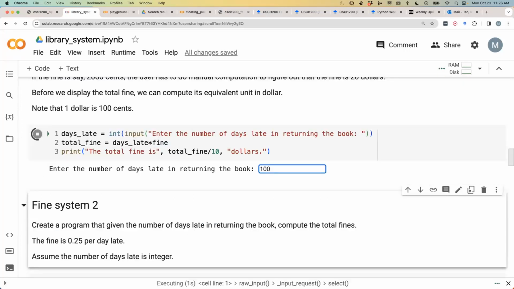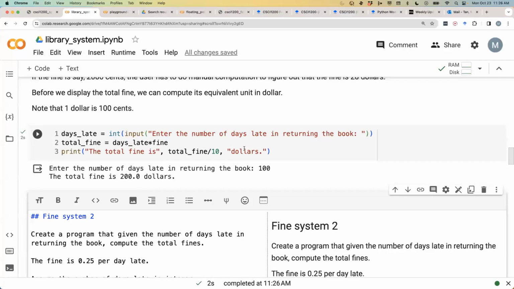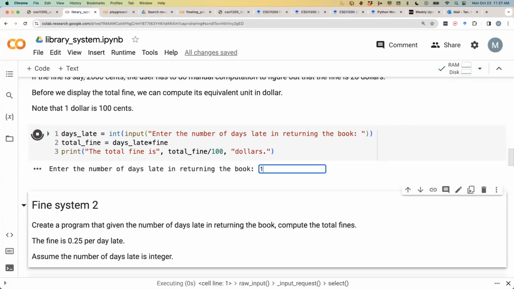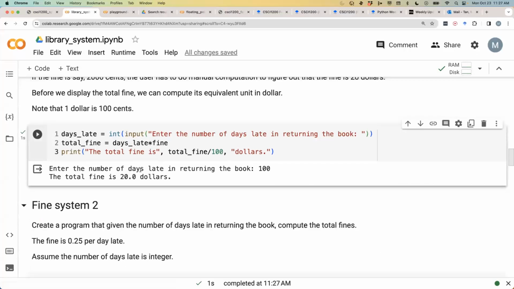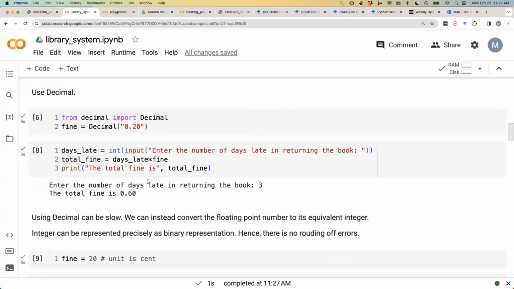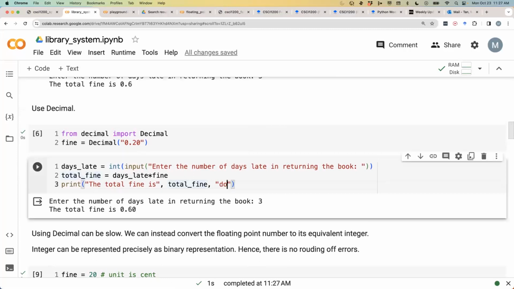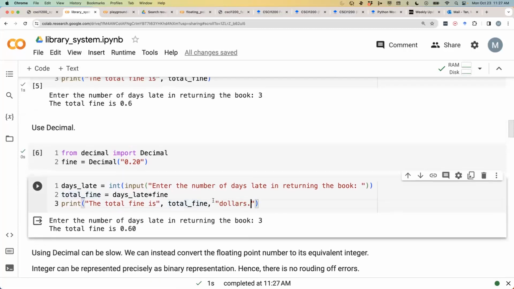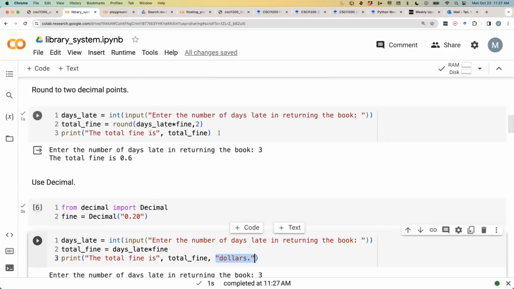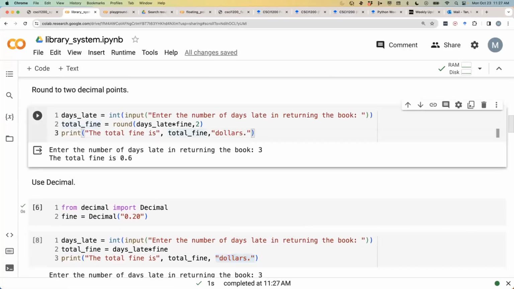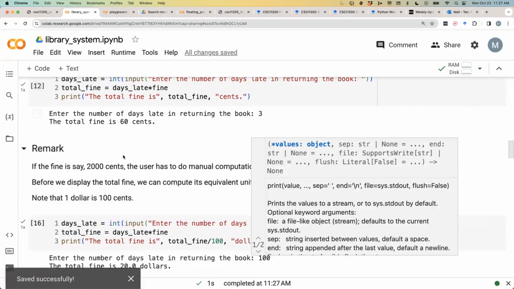Okay, so now, what did I do? 100 here. So it should be $20. All right. So all the previous code should also be more precise. For example, here should be dollars. If the unit is dollars, we will write it as dollars as well. Okay.